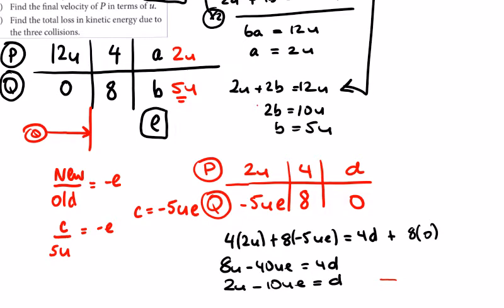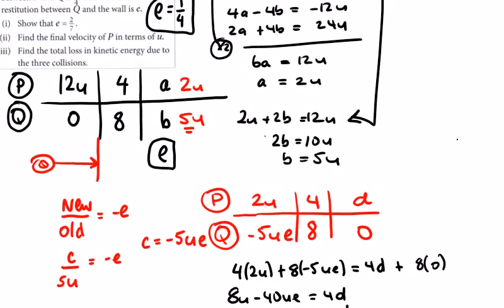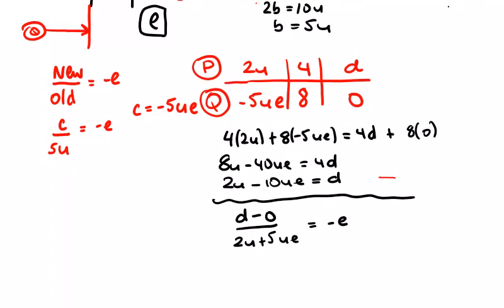And my other equation will be V1 minus V2, D minus 0 over 2u minus minus, so plus 5uE, equals minus the coefficient between them, a quarter from above, so minus a quarter. So 4D equals minus 2u minus 5uE.